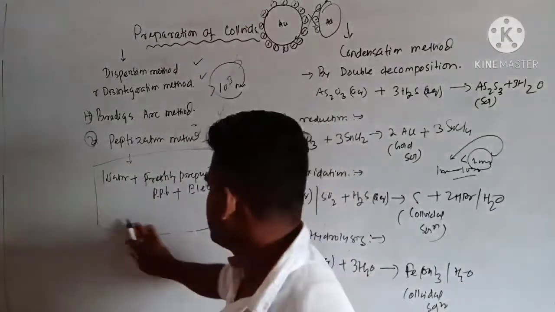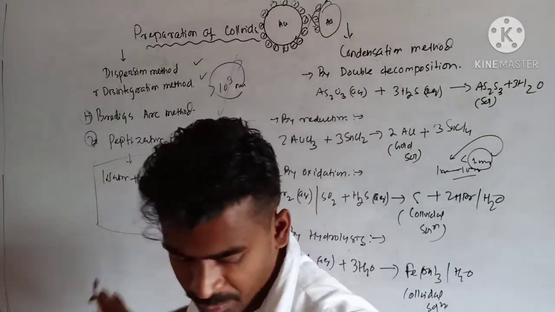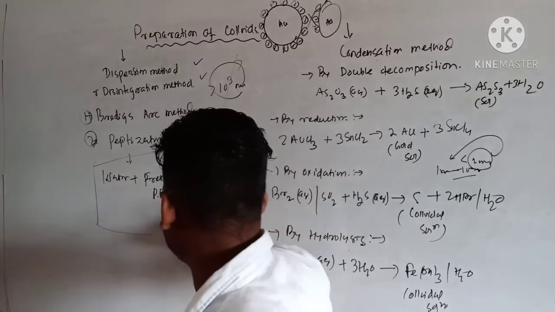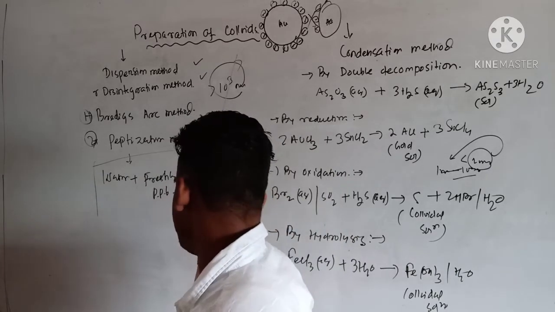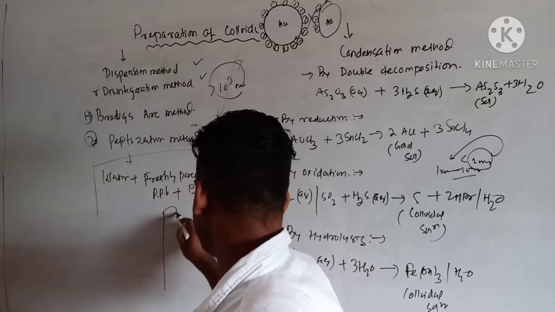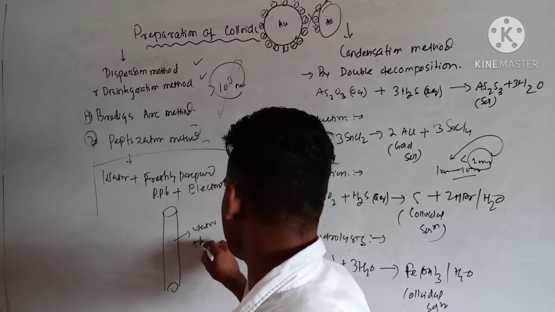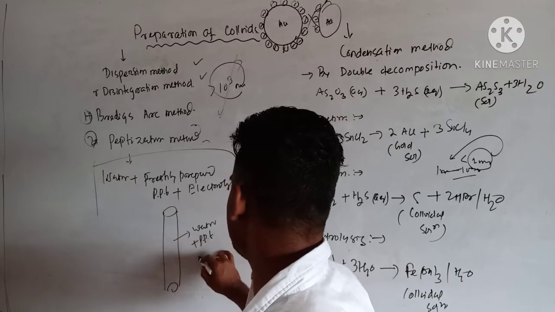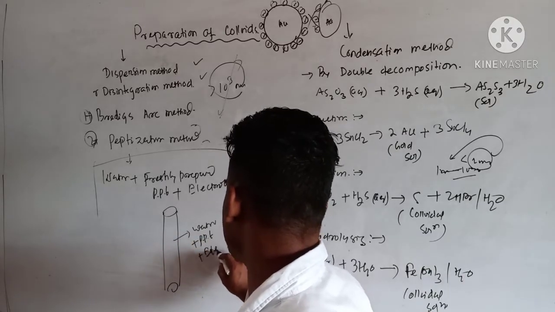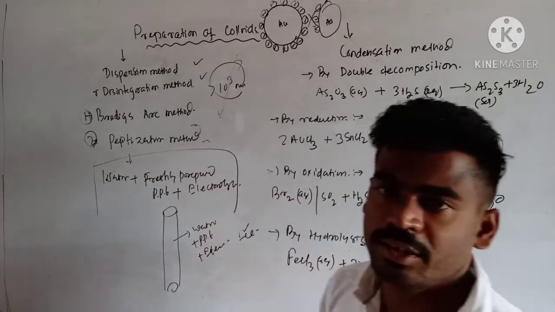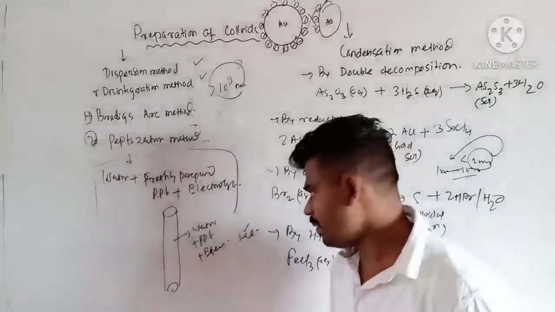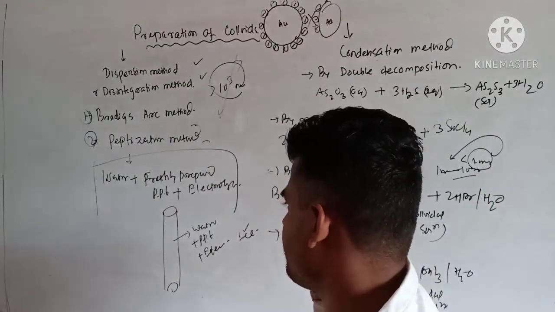You just take this mixture, water, freshly prepared precipitate and the respective electrolyte, in a test tube. Let's say this one is a glass tube. Then shake that test tube, and you will get the respective sol. How can you prepare it like this?